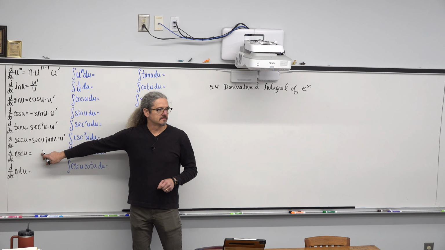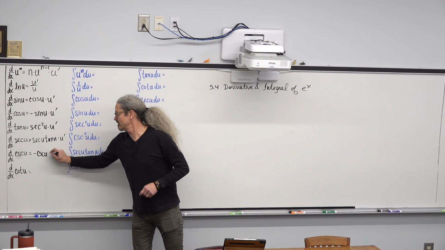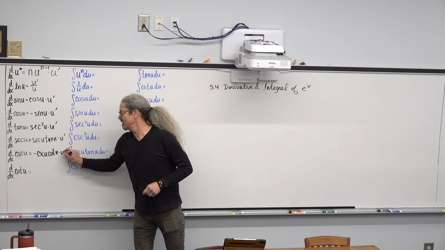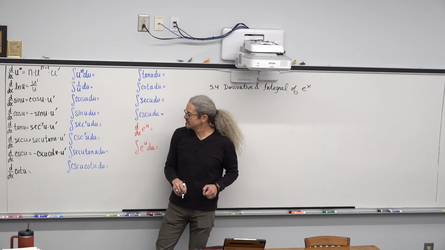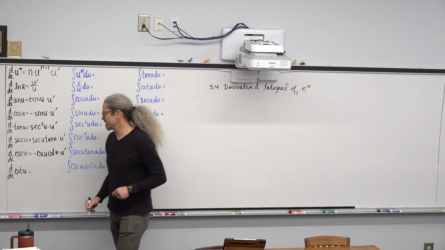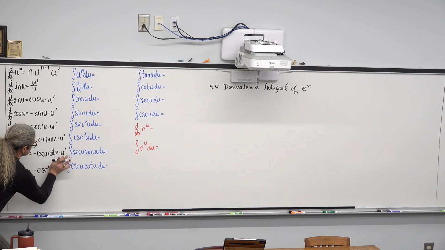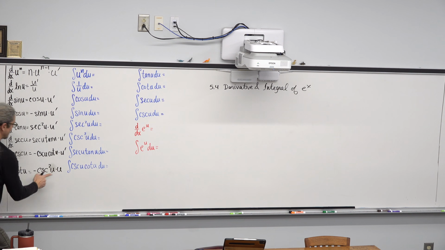Cosecant. Negative cosecant of u, cotangent of u, u prime. And the derivative of cotangent, negative cosecant squared of u times u prime.